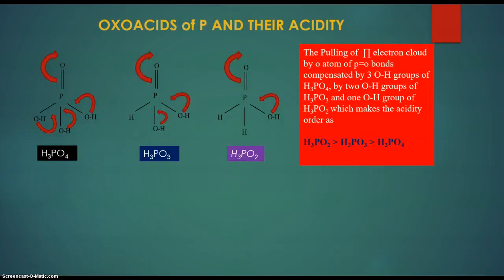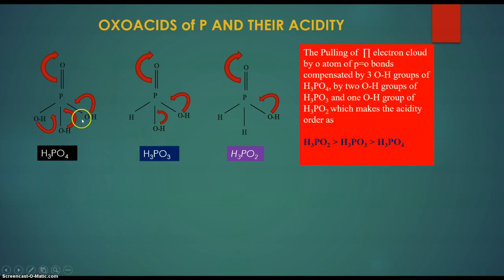Now coming to the last topic of this chapter, oxoacids of phosphorus and their acidity. There are mainly 3 oxoacids of phosphorus we can get. First of all, H3PO4, phosphoric acid, H3PO3, phosphorus acid, and H3PO2, hypophosphorus acid. As you can see over here, these are the oxoacids of phosphorus: H3PO4, H3PO3 and H3PO2.